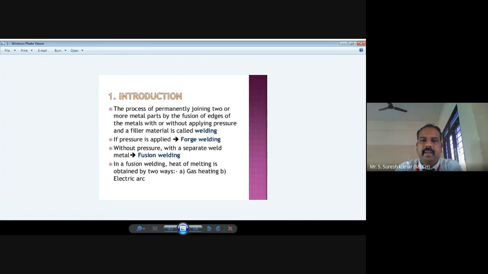There are three main types of welding. The first one is forge welding, the second one is electric resistance welding, and the third one is fusion welding. These are the welding types.